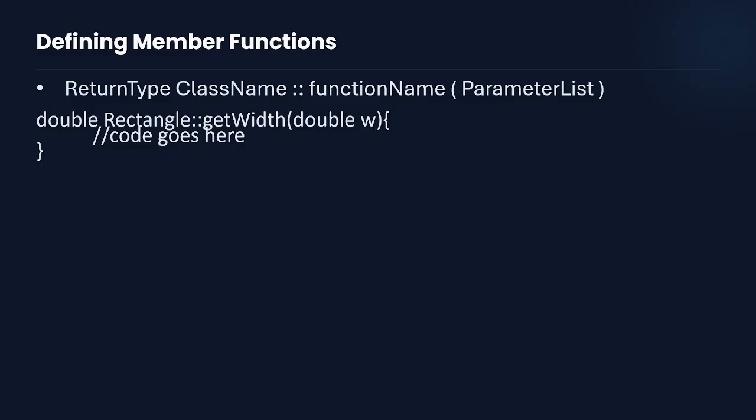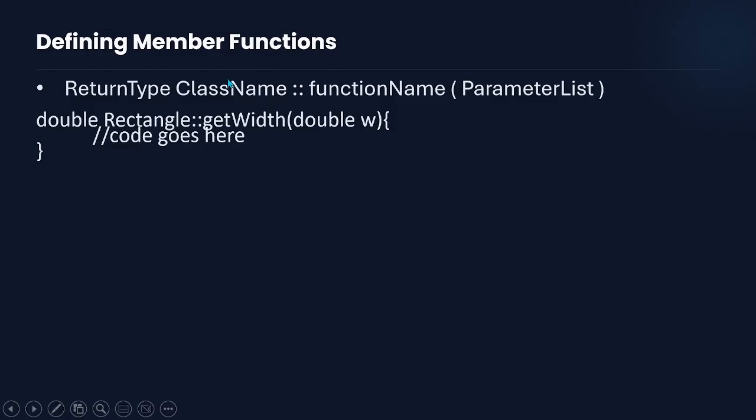All right, so this new thing here, the class name and then the scope resolution operator, is telling the compiler that this function is a method or a member function of this particular class, right? It's not just any global function or anything. It belongs to this particular class with a class name you specify, right?